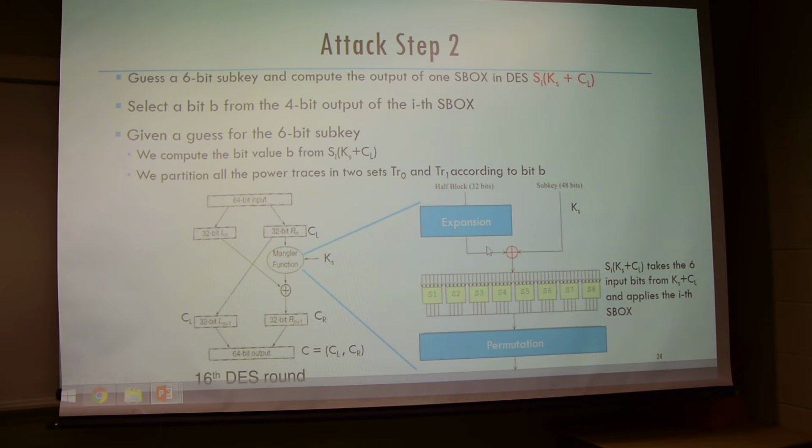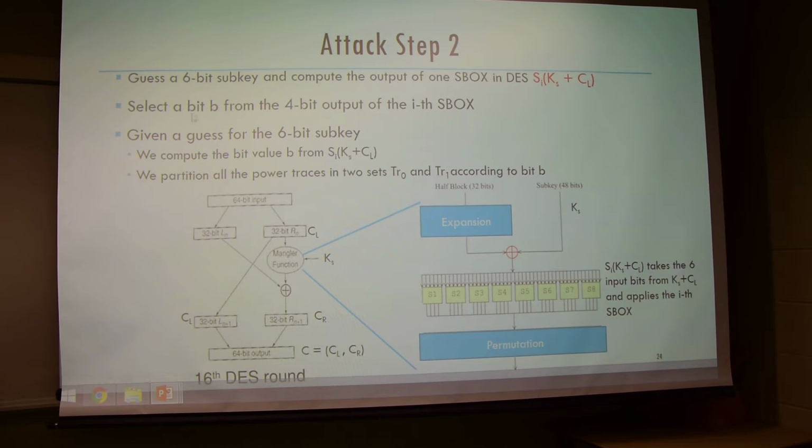Then you guess one 6-bit subkey, do this XOR computation and select one S box. And then you can get the predicted result of 4 bits, right?